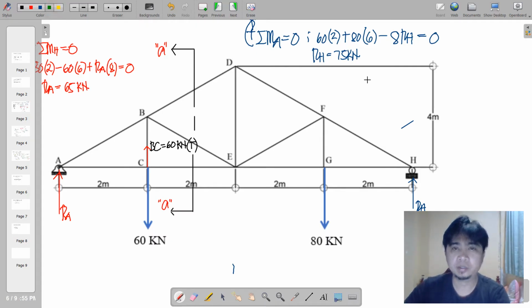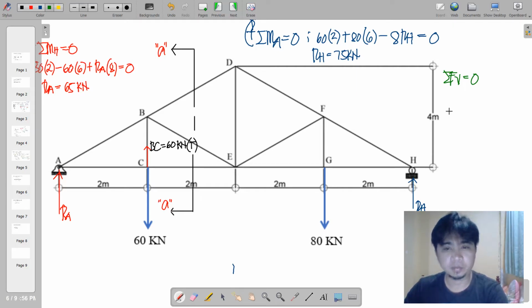We are now ready to check that by summation of vertical forces. All we have to do is add all positive or upward reactions, say RA and RH. RA is computed as 65 and RH is 75 kilonewton.